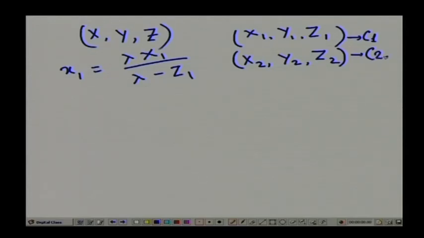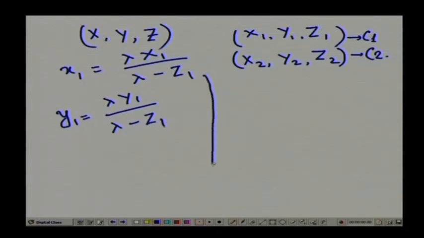With respect to camera 1, the image point x1 is given by lambda times capital X1 divided by lambda minus capital Z1. Similarly, y1, the y coordinate in the first image, is given by lambda times capital Y1 divided by lambda minus Z1.